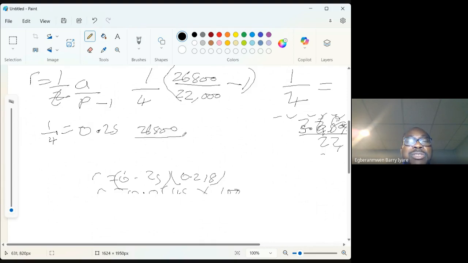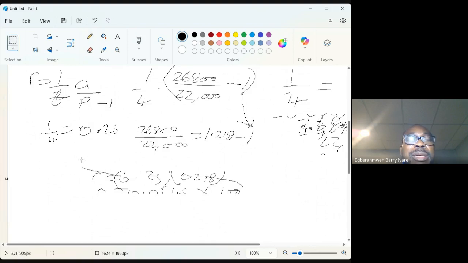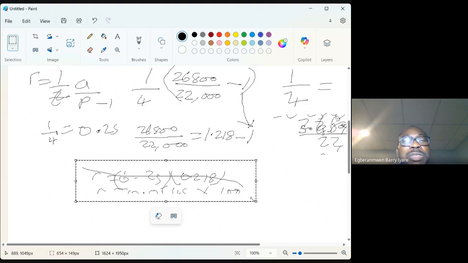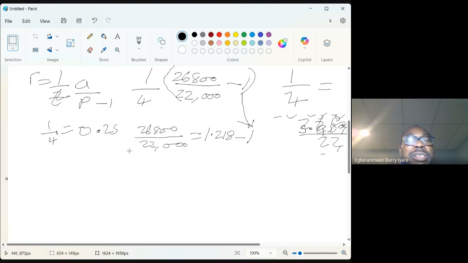If you do that, you get 1.218. Minus 1 is still there. So we have 0.25 into 1.218 minus 1. 1.218 minus 1 will give us 0.218.